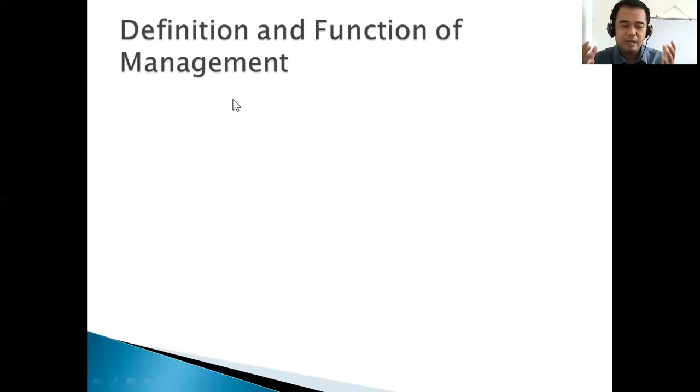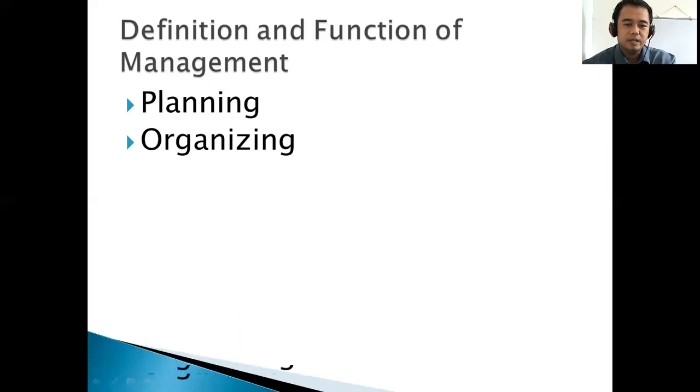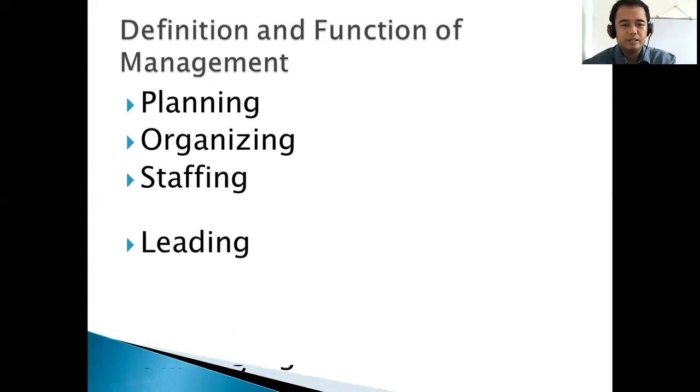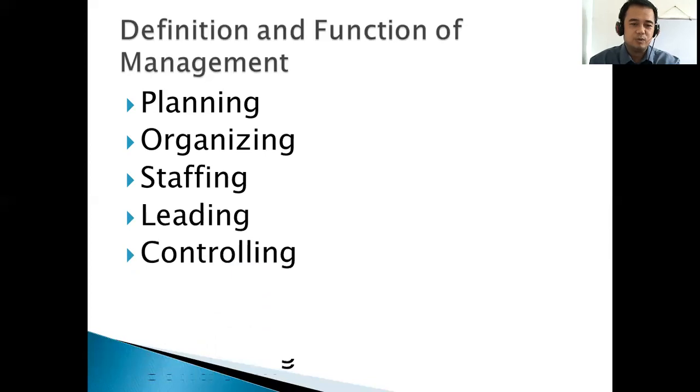In management, there is always a goal and then objectives. Since that is a process, other definitions of management include the five functions of management. These are planning, organizing, staffing, leading, and controlling.